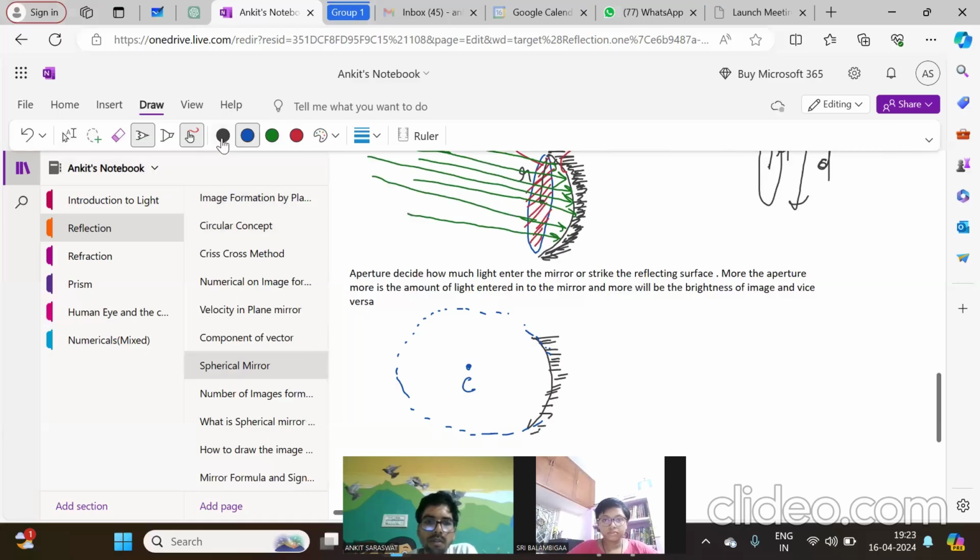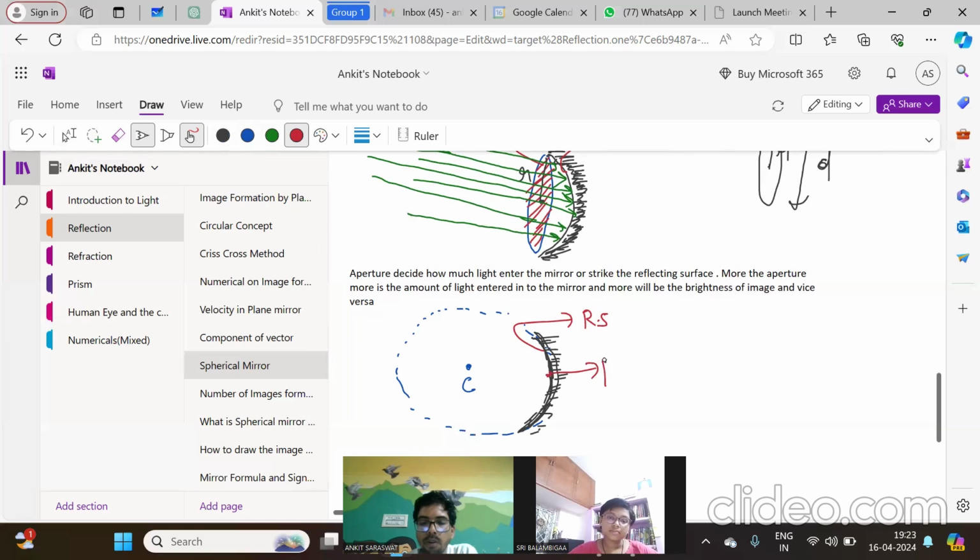Any doubt? Now see, only this portion is our mirror. And this is the reflecting surface. Its middle point will be here.